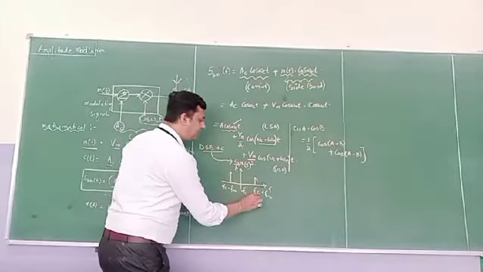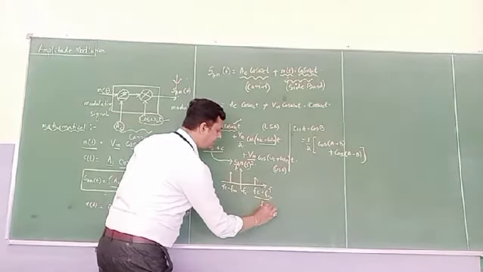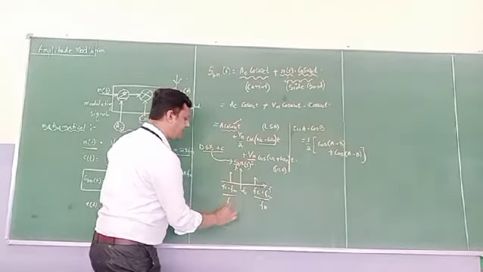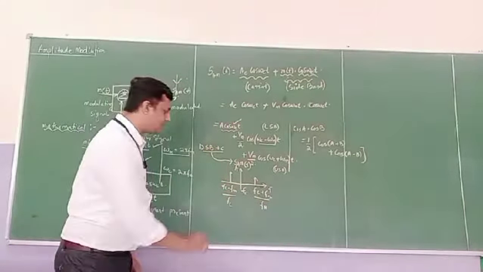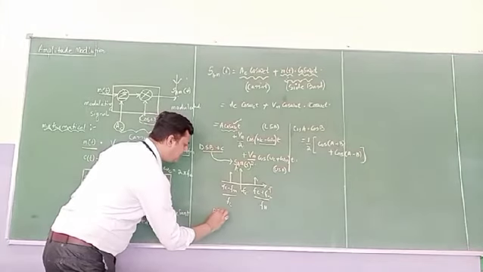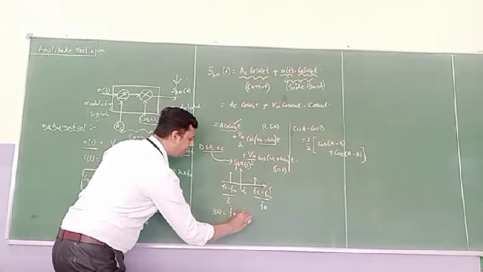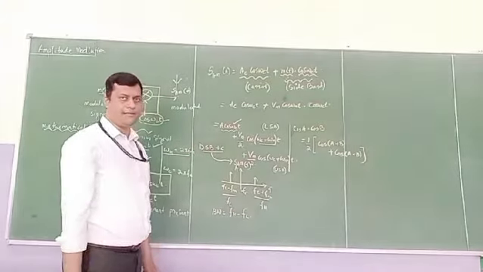Now this Fc plus Fm I can consider the higher frequency, and Fc minus Fm I can consider the lower frequency. So if I ask what is the bandwidth of the AM signal, that means higher frequency minus lower frequency. Simple.